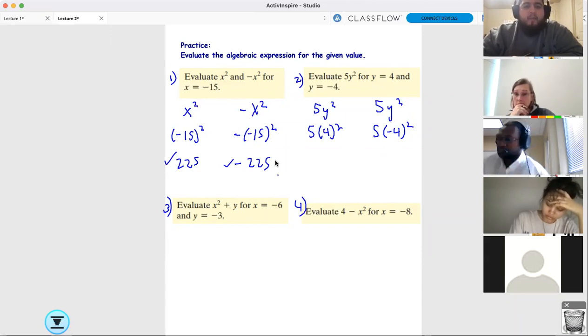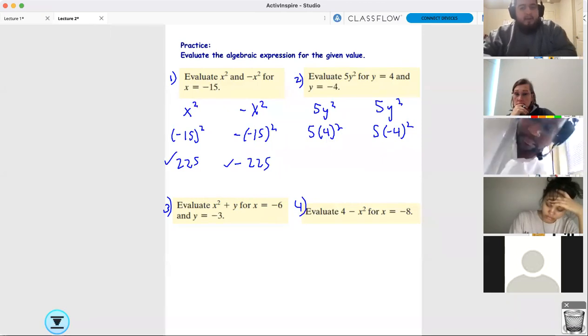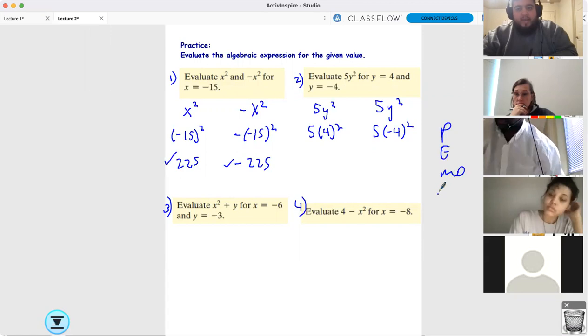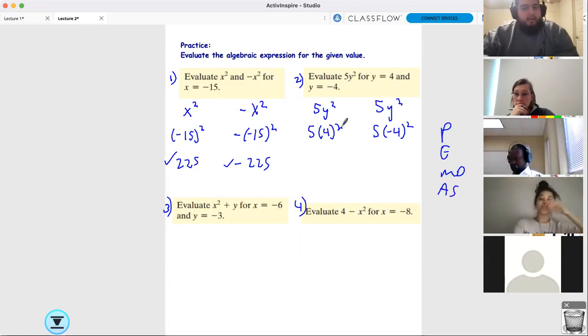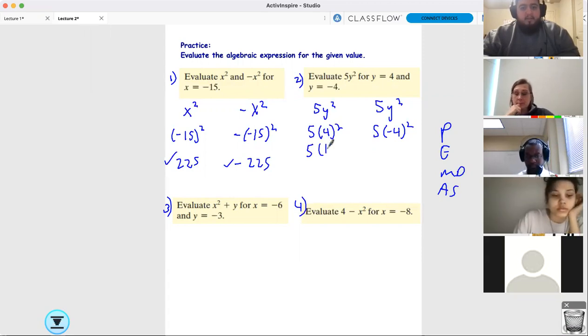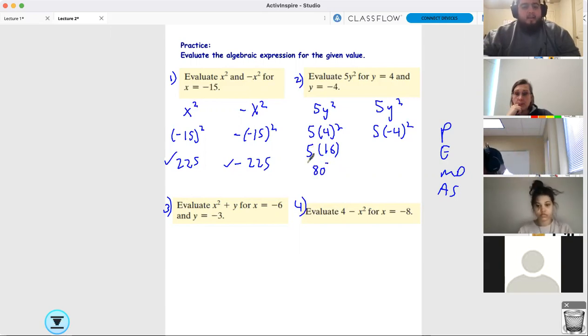Let's find out. So 4 squared. Remember, we had to do PEMDAS when we simplify expressions. For exponents, what's 4 squared? What's 4 times 4? 16. And now what do we do with the 5 and the 16? Multiply. Yep. 5 times 16, I believe that is 80.